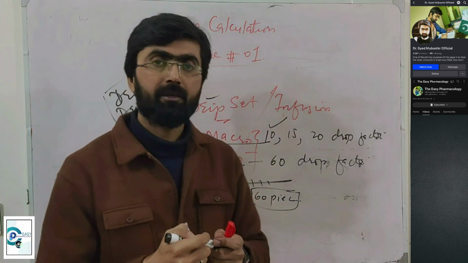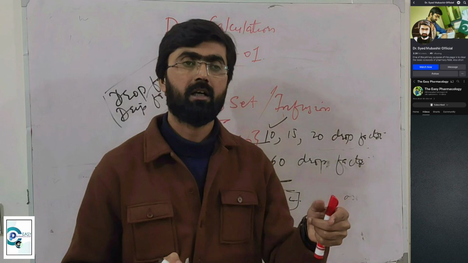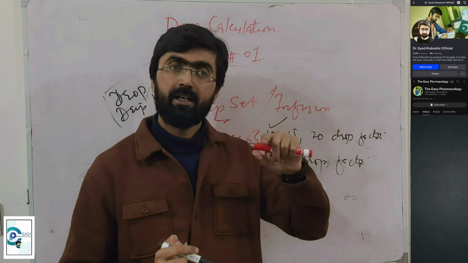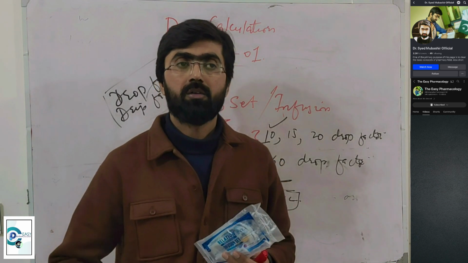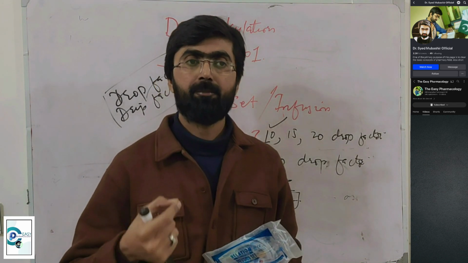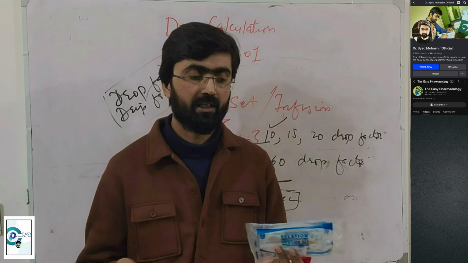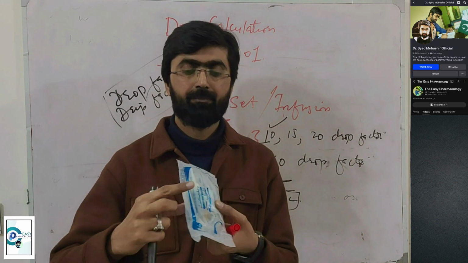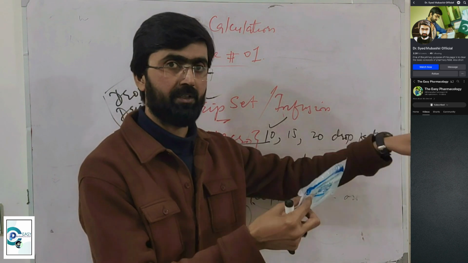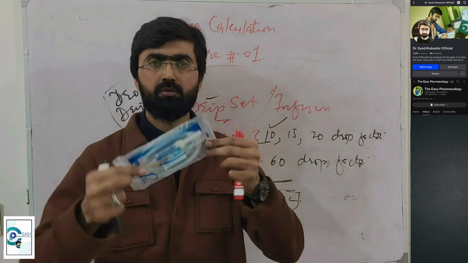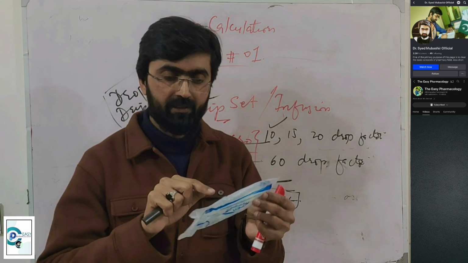So actually, after this we are going to learn the IV flow rate or drip rate. For its calculation we need to know the drop factor or drip factor. From where will we get that drop factor? It will be mentioned on the drip set. Obviously, if you are going to infuse any medicine to the patient, you will use a drip set, and on that drip set the drop factor will be written.